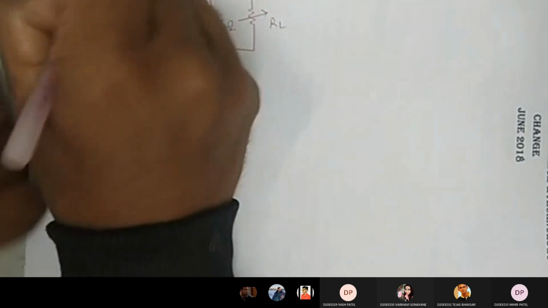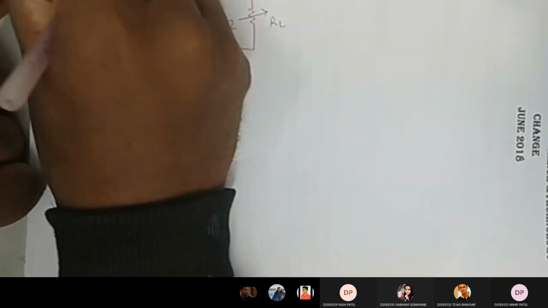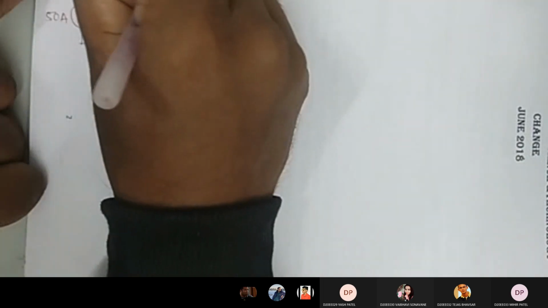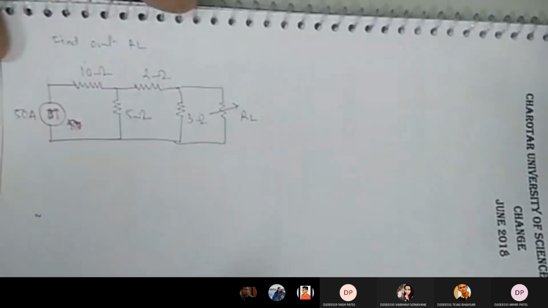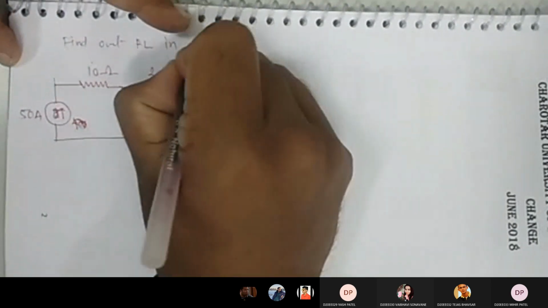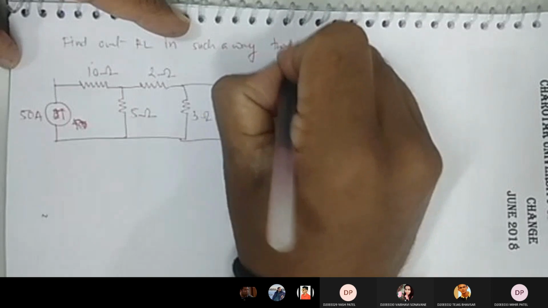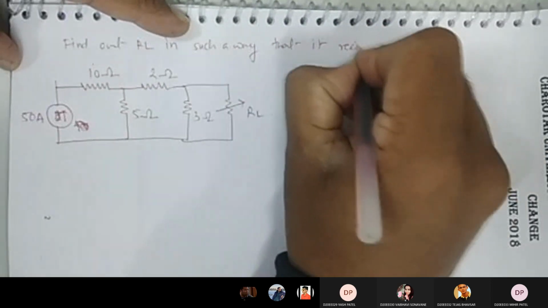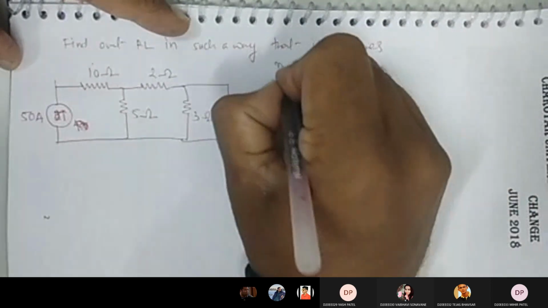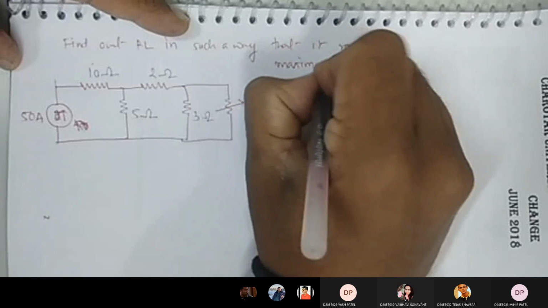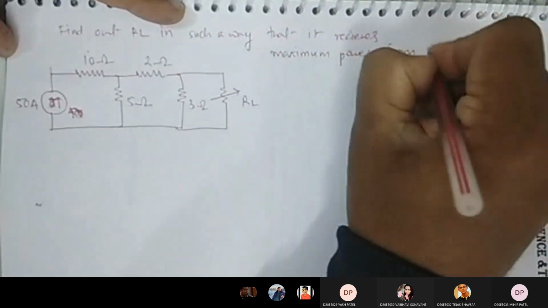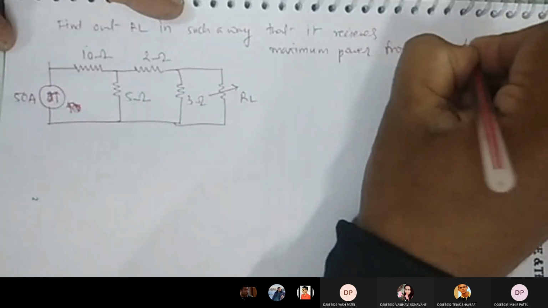Question is, find out RL in such a way that it receives maximum power from source to load.